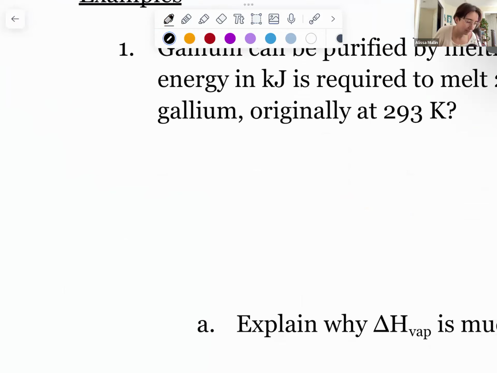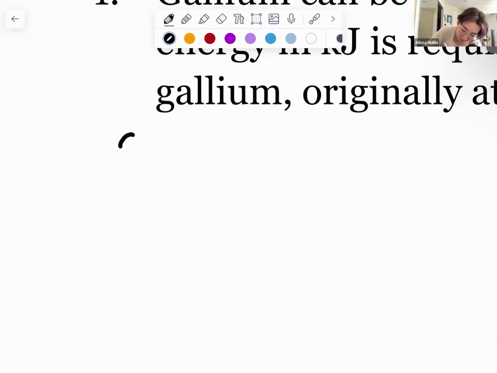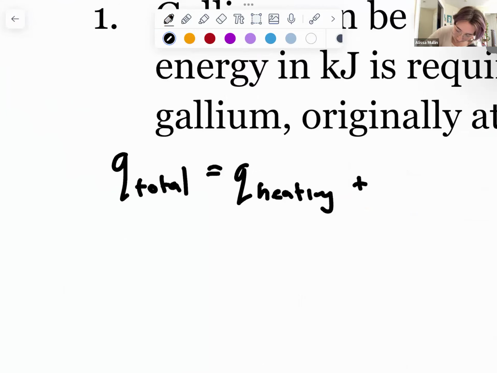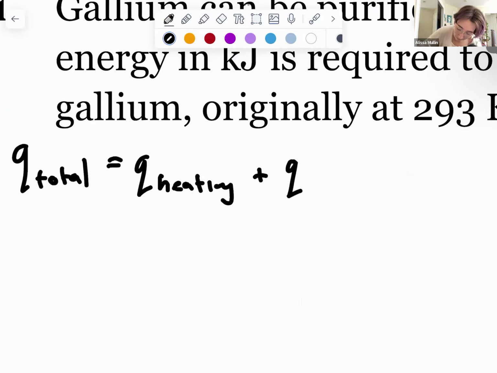So let's look at this. My total heat required is equal to the heat of heating plus the heat of melting.